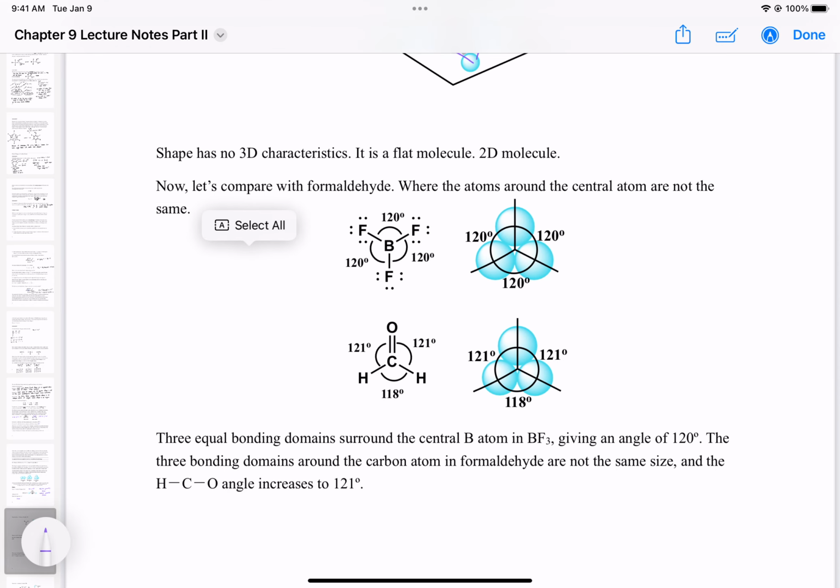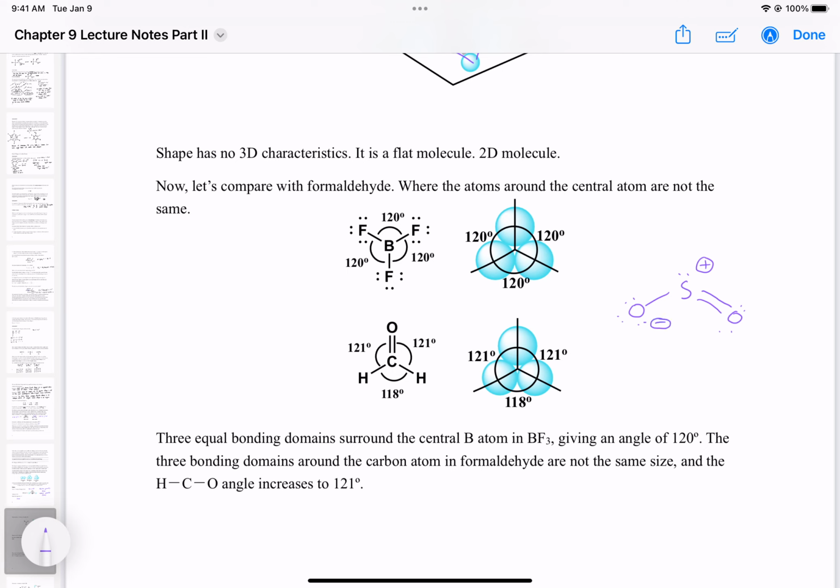So let's go back to sulfur dioxide again. Let's look at this resonance structure for sulfur dioxide.